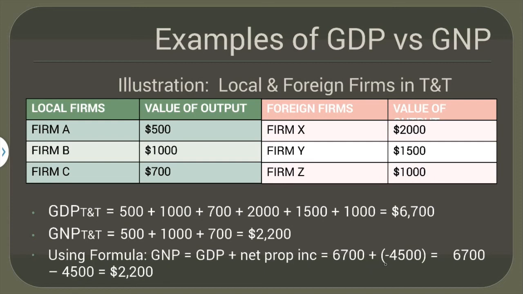A positive plus a negative gives us a negative, and therefore the value is 2,200. So even utilizing our formula, we get the same answer as when we tally the information straight from the table. So I hope this particular example was clear enough in showing you how to move from GDP to GNP. Okay?